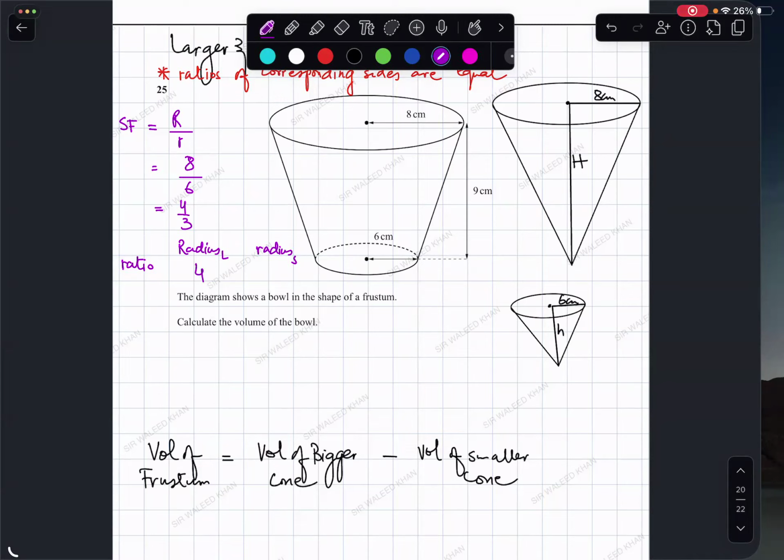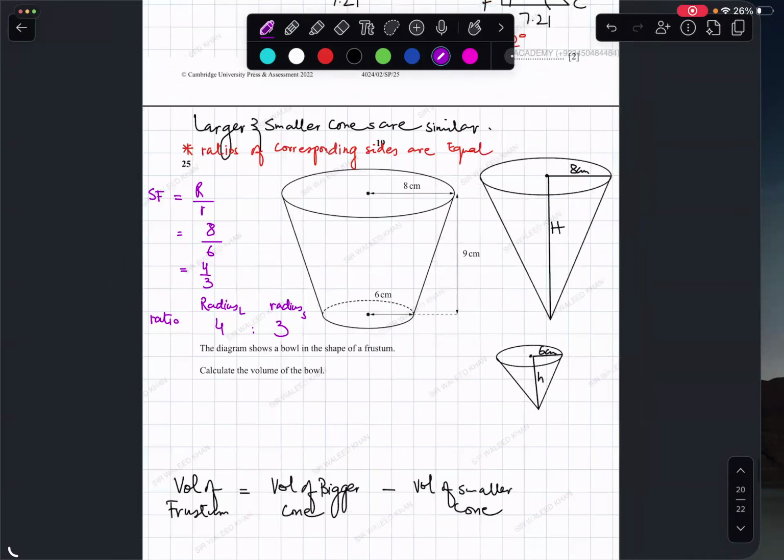So the radius of the bigger cone and the radius of the smaller cone have a ratio 4:3. Now I can use this ratio to figure out anything over here, any part of it. Why? Because the larger cone and the smaller cone are similar. Their ratio of corresponding sides will be equal.